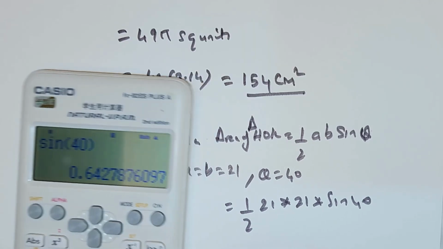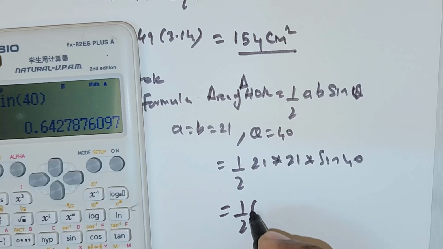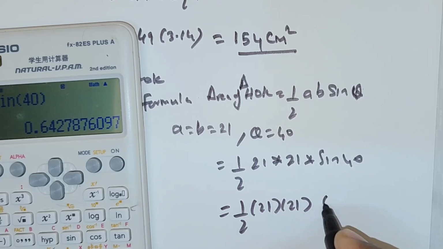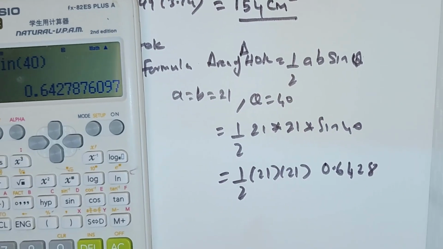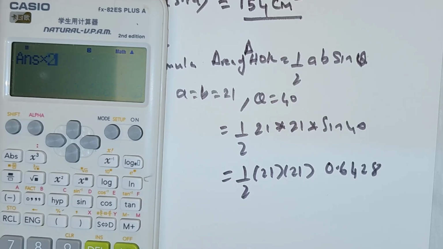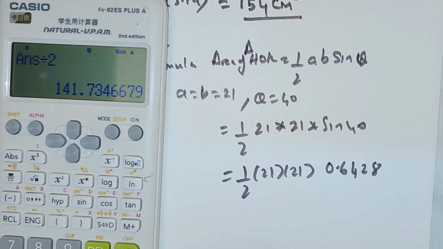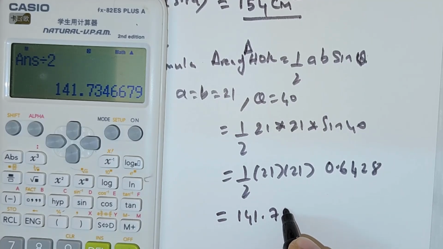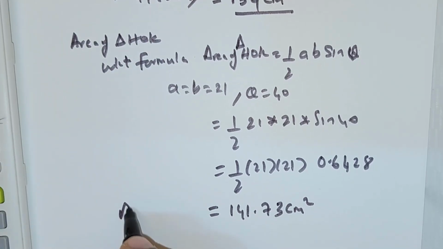What do you get? You're getting a value of 0.6428. Now that multiplied with 21, it's again multiplied with 21 and divided by 2. So this is giving you a value of 141.73 cm squared. So this is the area of triangle HOK.